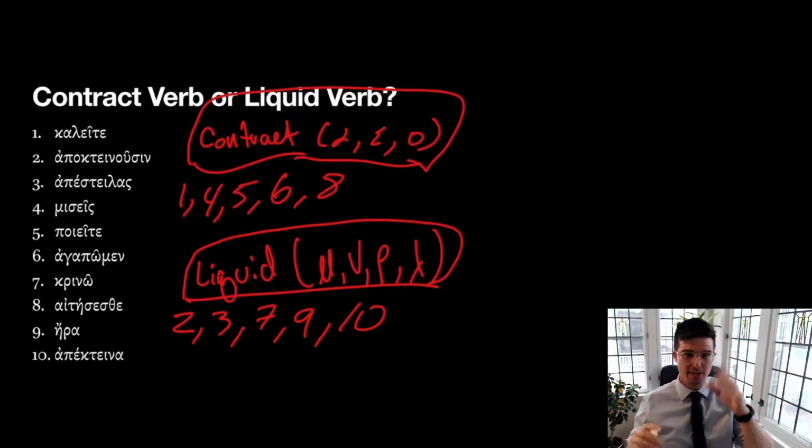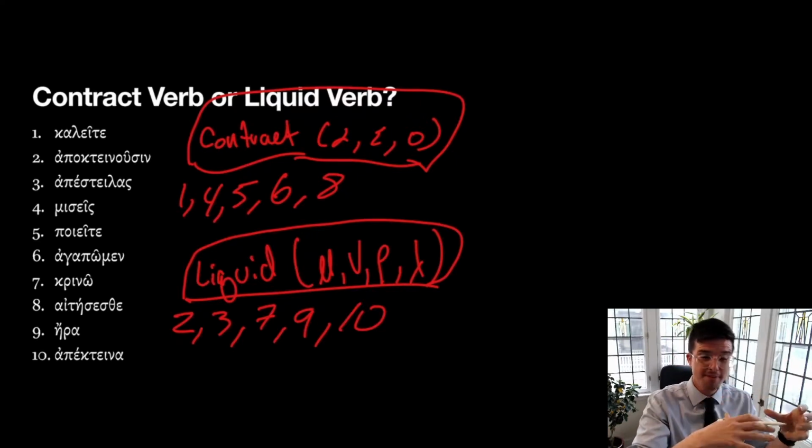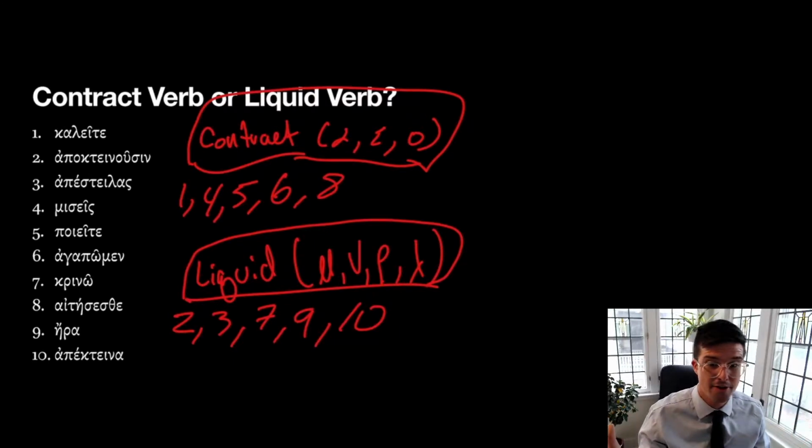Most of this should be straightforward once you figured out how to do this. So one way to do this is to figure out one category or the other, and then look at the rest and realize that they are in the other category. So what I'll do here is identify the liquid verbs, those whose stem ends in mu, nu, rho, or lambda. So I go down this list, and the first one is actually the trickiest.